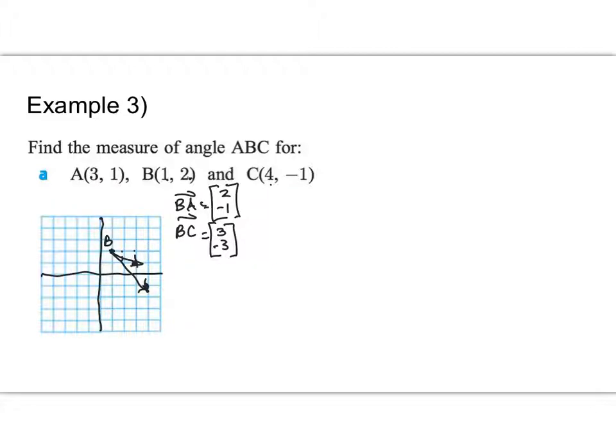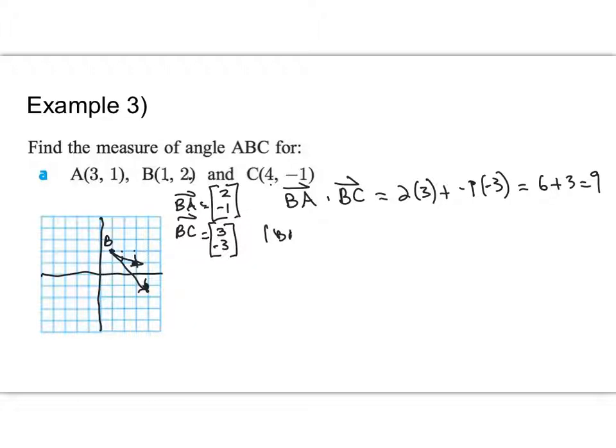Now that I have those, I can find the dot product. BA dot BC is going to equal 2 times 3 plus -1 times -3, which is going to give me 6 plus 3, which is 9. The other thing I want is the magnitude.